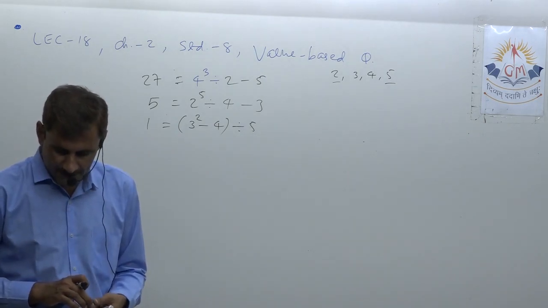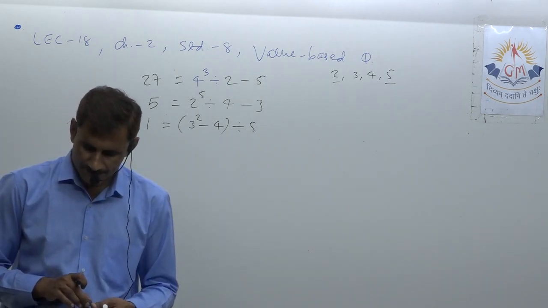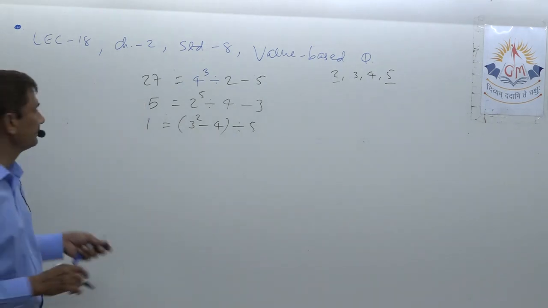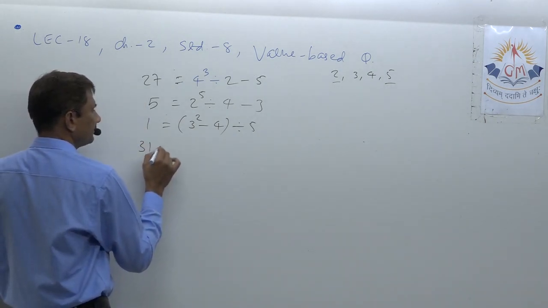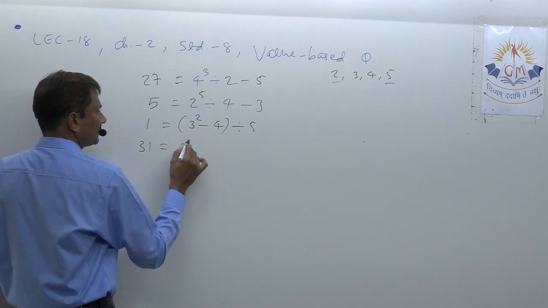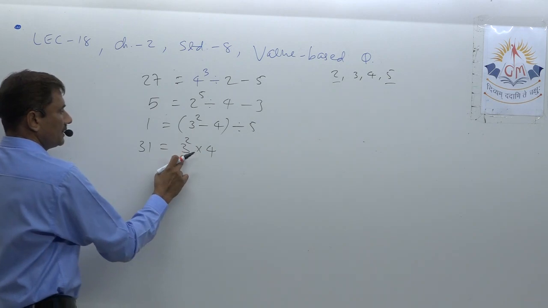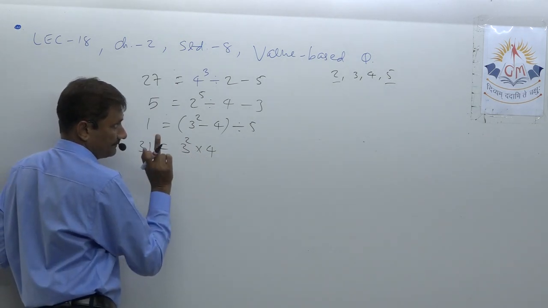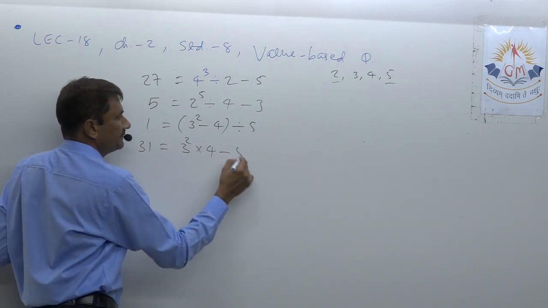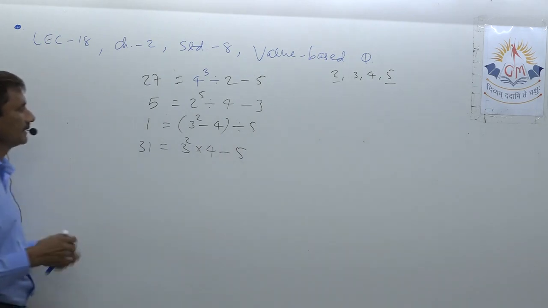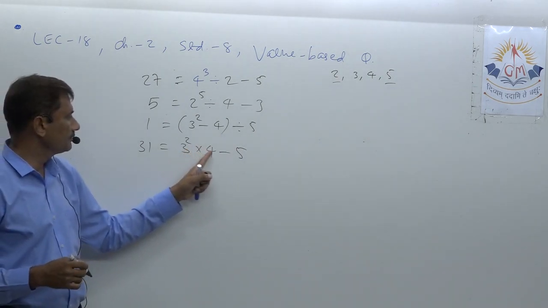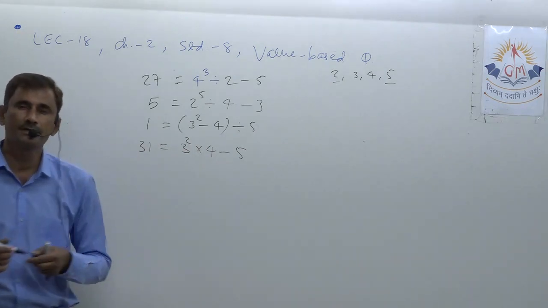Okay. Next is 31. If I make 3 raised to 2 into 4, how much is it? 9 fours are 36. Minus 5. Look here. So 9 fours are 36 minus 5, 31.